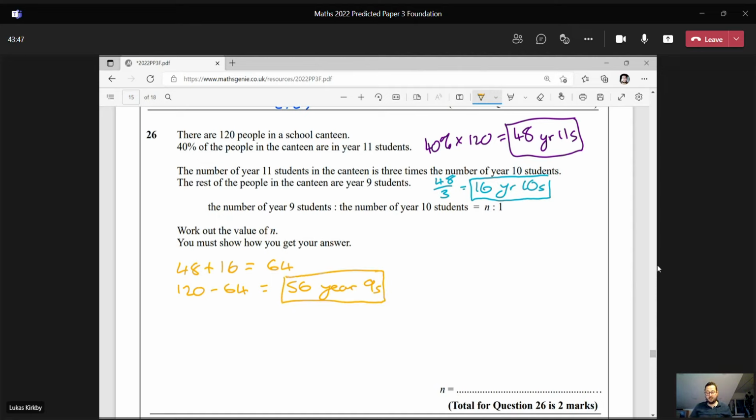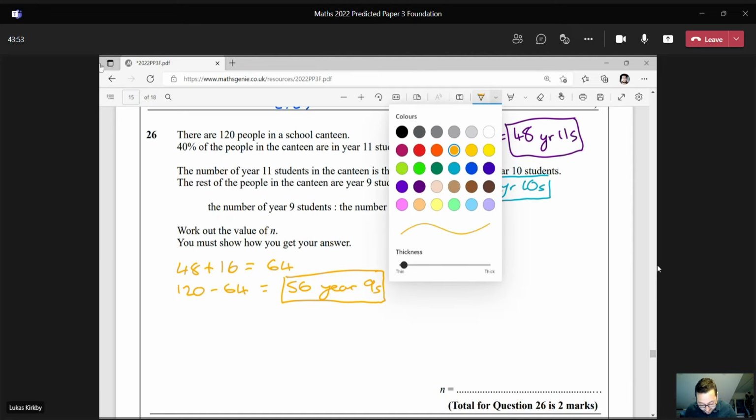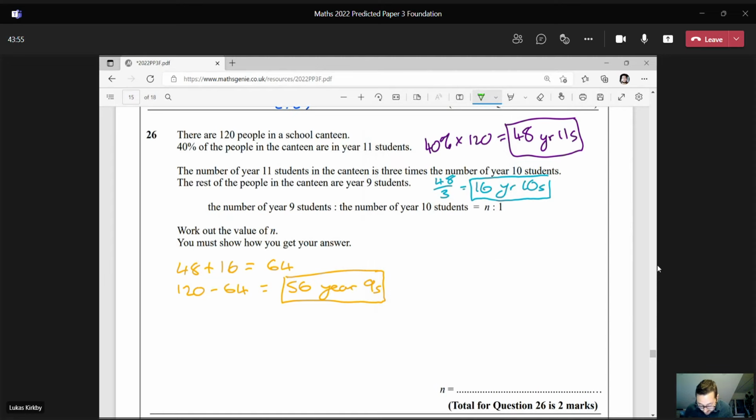Okay, so now we want the number of year 9 students to the number of year 10 students. So let's just write that to start with. So year 9s, there are 56, and year 10s, there are 16. So we can simplify that then. So if I write this as a fraction and then just press equals, that will simplify to 7 and 2.